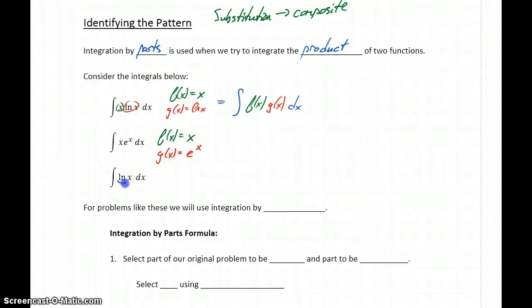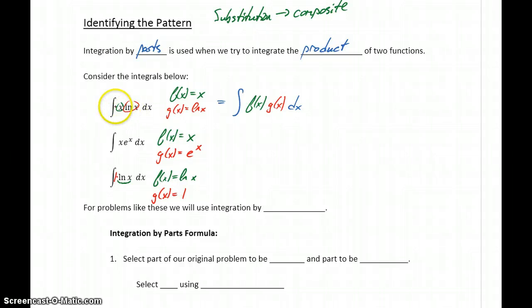The natural log of x is a function all on its own, so f of x equals the natural log of x, and then we don't have any other functions left in the problem to be our g of x function. Unless we use a little bit of a trick and know that we can always multiply anything by 1 without changing that problem. So the trick for integrating a natural log function is to know that it's being multiplied by 1, so our function g of x is just the constant function 1.